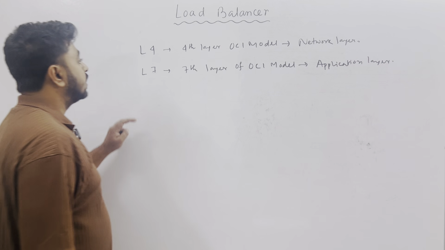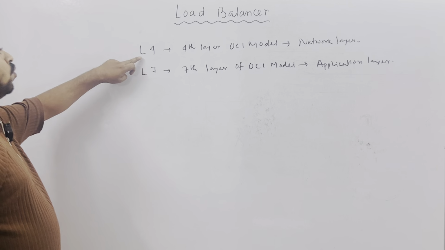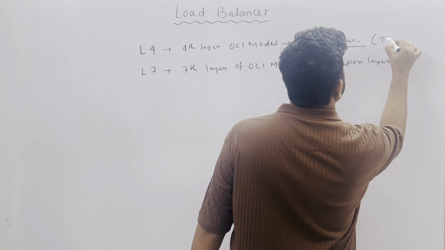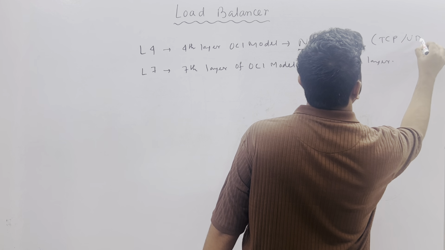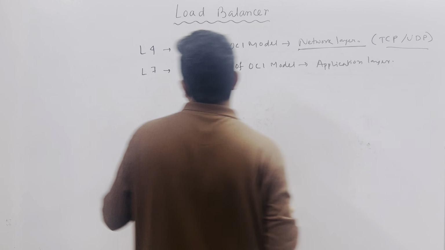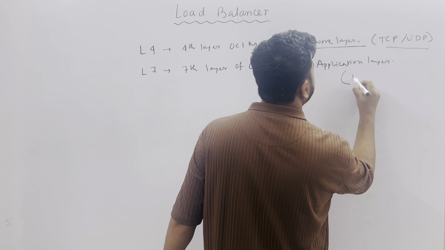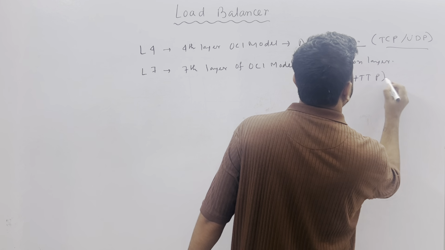So this L4 load balancer works in the network layer, with TCP/IP or UDP, this kind of layer. And L7, the seventh layer of the OSI model, is the application layer load balancer, which works on HTTP.